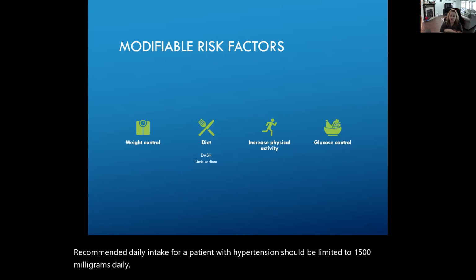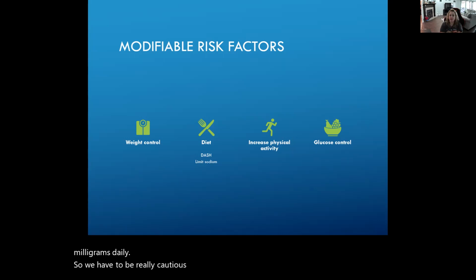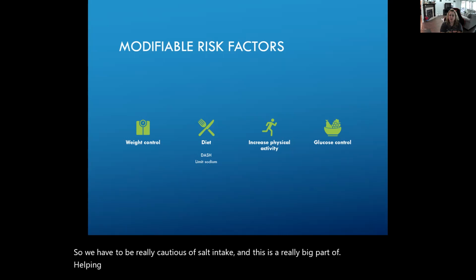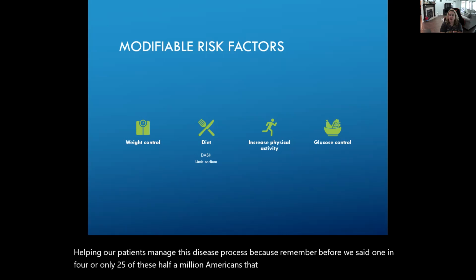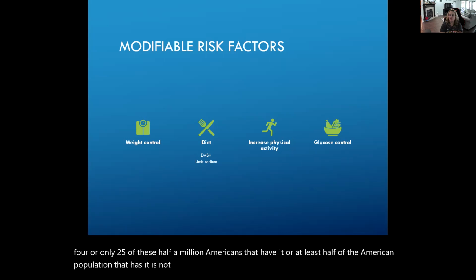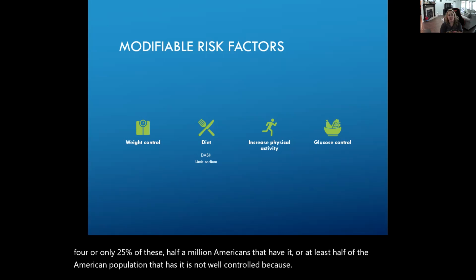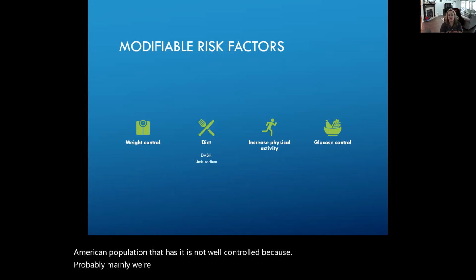So we have to be really conscious of salt intake, and this is a really big part of helping our patients manage this disease process. Remember, we said only 25% of the roughly half of the American population that has hypertension is well controlled, probably mainly because we're not controlling our modifiable risk factors, which for Americans is our diet, right?